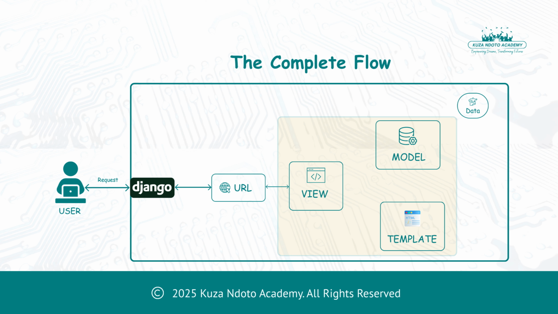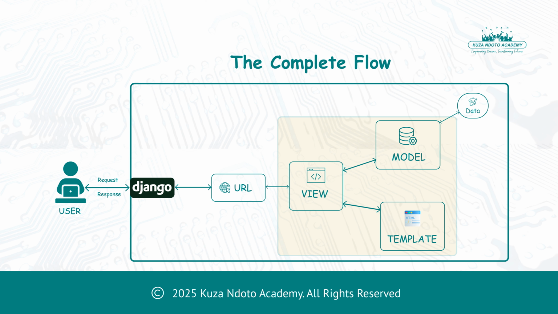If data is needed, it communicates with the model to fetch exactly what is required. Once the view has the data, it passes it to the template, which then renders everything into a clean HTML response. Django sends this fully formed HTML page back to the user's browser.